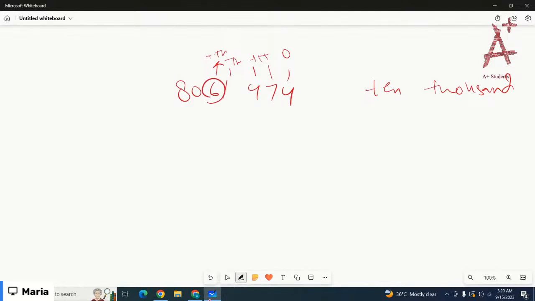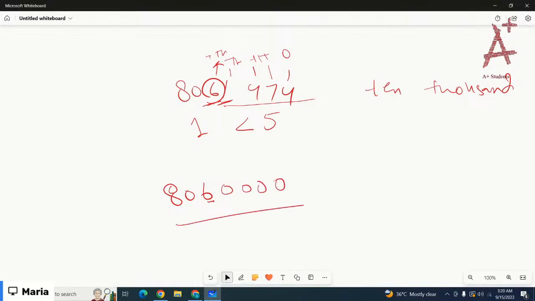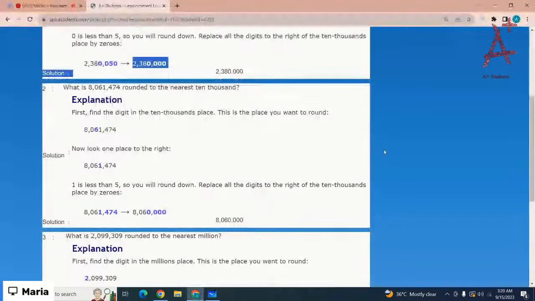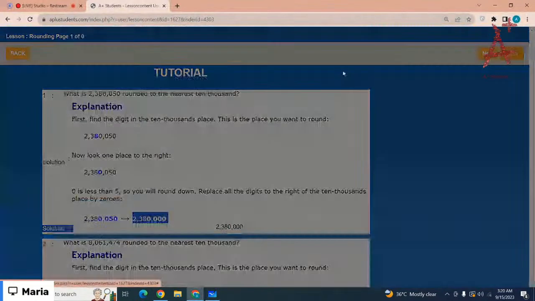Just look at the right of 6, you have 1. You have to compare this 1 to 5. 1 is less than 5, right? That means you round on the same 10,000. You don't have to change the digit at 10,000. You replace the other digits with 0, 0, 0, 0, 0. That would be the rounded off number, right? Let's start with the practice questions.